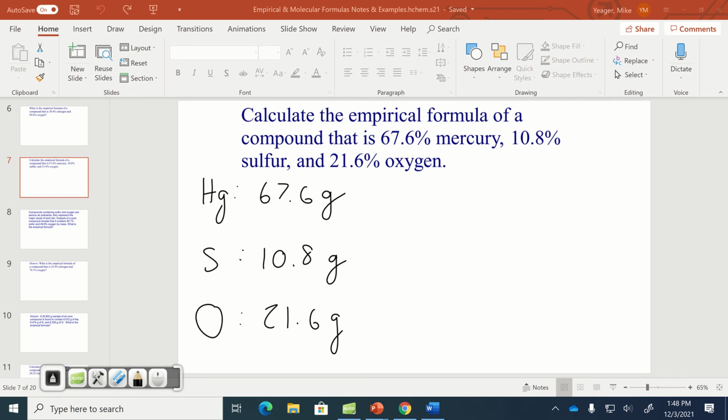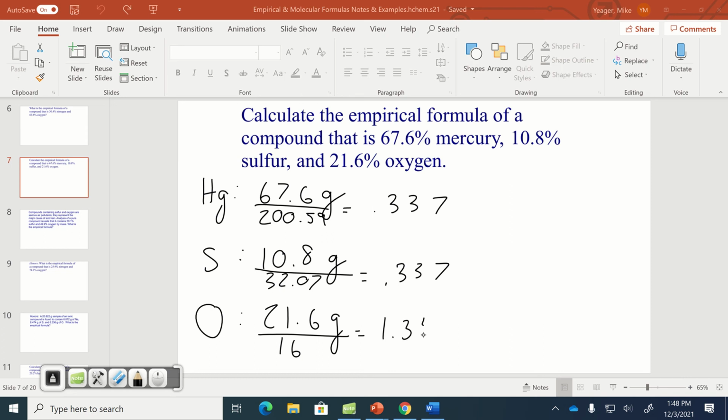If I divide all these out, 32.07 is sulfur, 16 for oxygen, 259 for mercury. Let's see what I get. So 67.6, mercury is 0.337. Sulfur is 0.337.